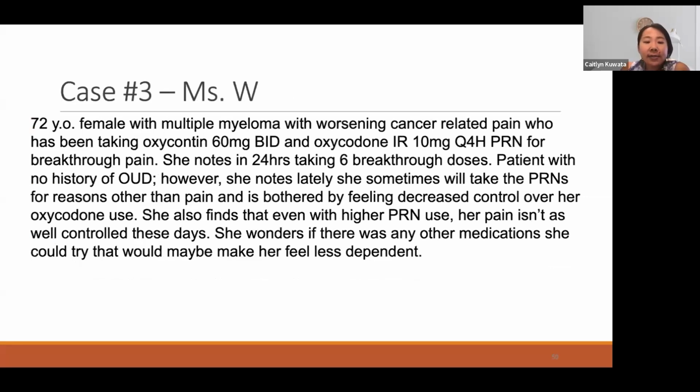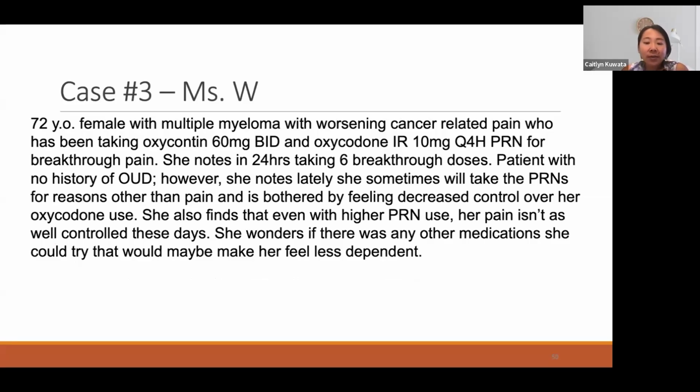So our next case, the case of Ms. W. So this is a 72-year-old female with multiple myeloma with worsening cancer-related pain who has been taking OxyContin 60 milligrams BID and oxycodone IR 10 milligrams Q4 hours PRN for breakthrough pain. She notes in 24 hours taking 6 breakthrough doses, no history of opioid use disorder.